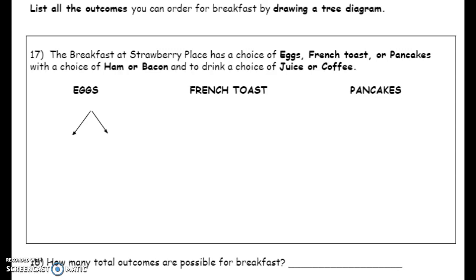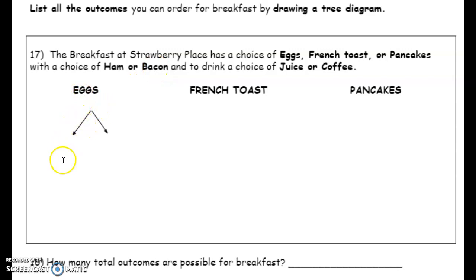Like in number 17, the breakfast at Strawberry Place has a choice of eggs, French toast, or pancakes. So these are my 3 main choices: eggs, French toast, or pancakes. Now each of them comes with a choice of ham or bacon.